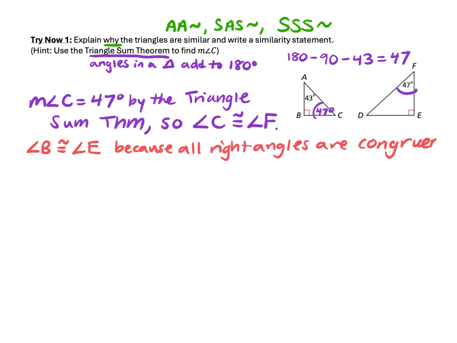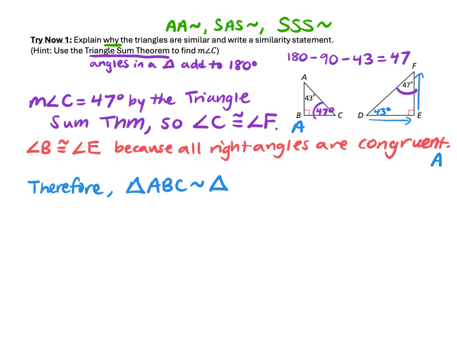And just like that, now that we have 2 pairs of congruent angles, we have an A and a second A, we can say, therefore, triangle ABC is similar to triangle, and then careful, the 43-degree angle would have to go here, and that would match up with ABC, which is 43 to 90 to 47, so going that same direction, 43 to 90 to 47 would be triangle DEF, and the reason is by angle-angle similarity.